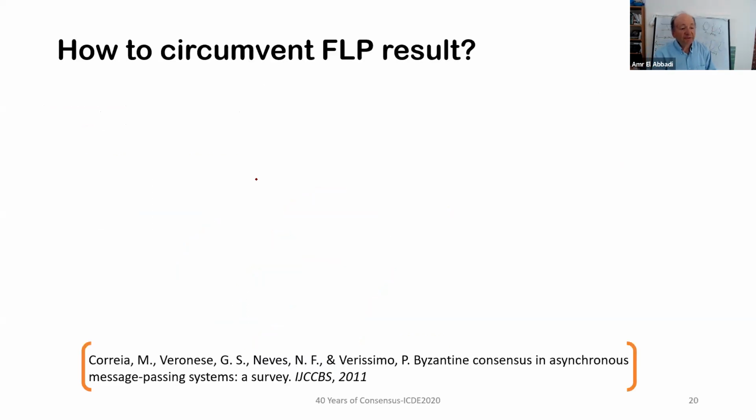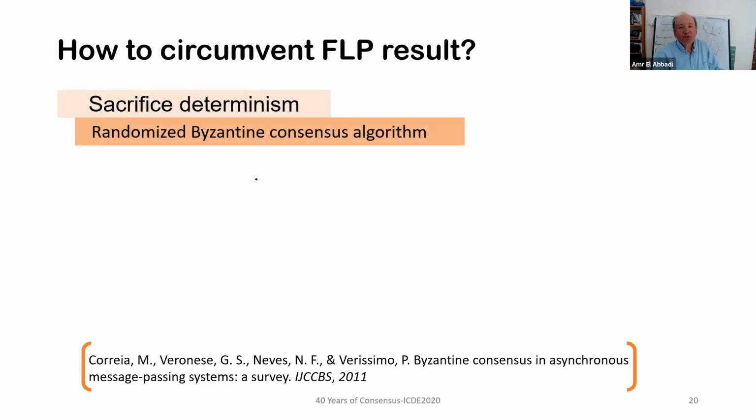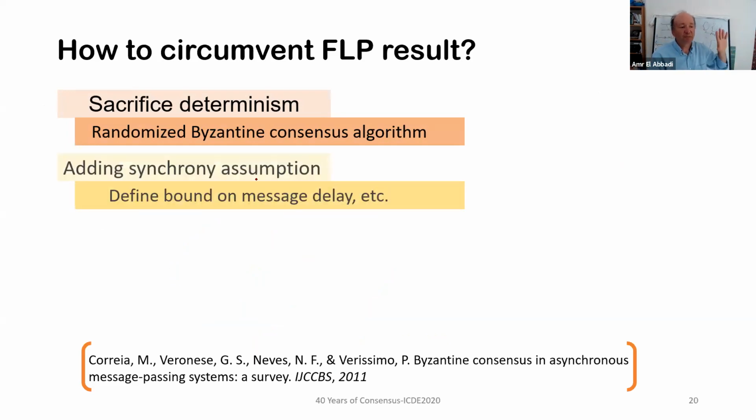So as a result, there's been a lot of work trying to circumvent this problem. So one idea is to say, let's try randomization. So there's been a plethora of randomized Byzantine protocols. Instead of assuming asynchronous systems, assume a synchronous system, which is very reasonable. The problem here is that a lot of these protocols end up being expensive, both in terms of number of phases as well as in terms of message passing.